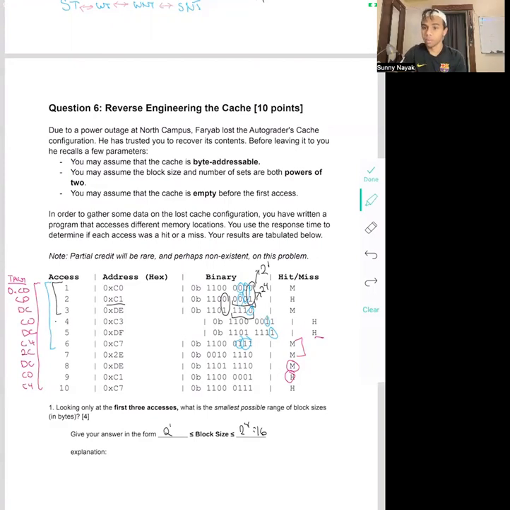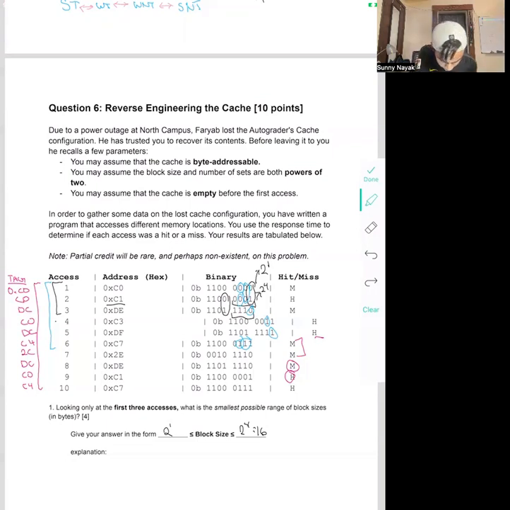The number of sets I have is determined by my cache size, but each of those sets has two ways. In other words, each set can store two blocks, and within those sets they use the LRU policy to evict. So how do we determine which one it is based on just these cache accesses?